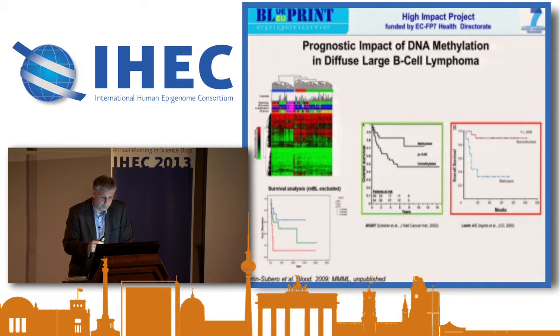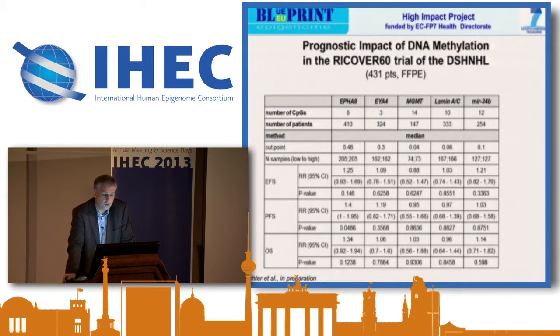And then, using these data, we profiled a large German prospective randomized trial. We could get DNA from FFPE materials from more than 400 patients from this trial, allowing a lot of multivariate analysis. I would only like to show you the major findings here.